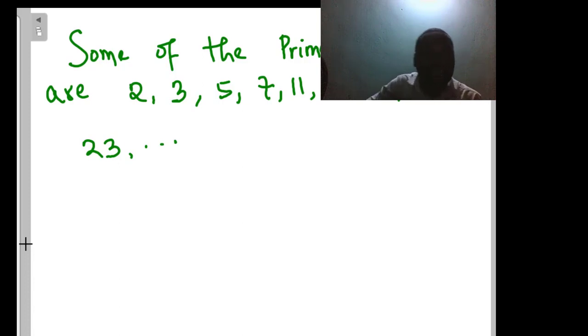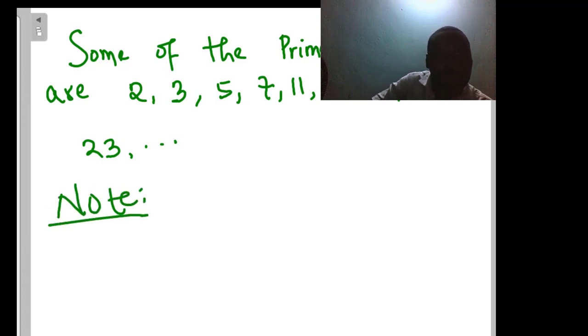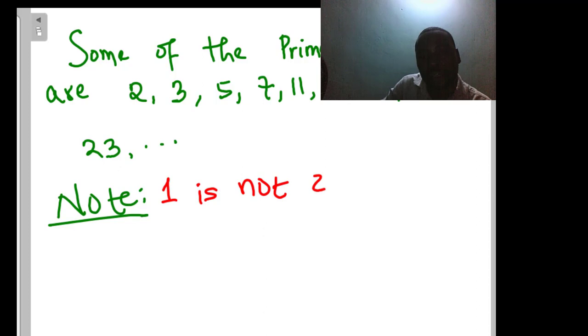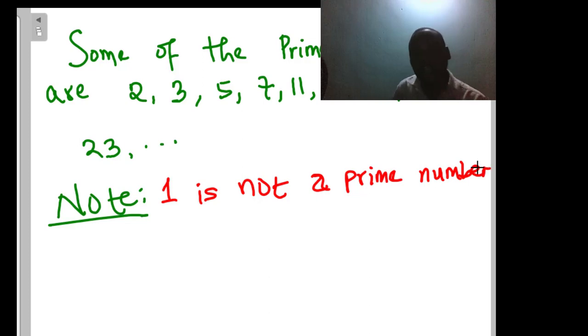Now, a very quick remark, things to take note of. One thing you must take note of about prime numbers is the fact that 1 is not a prime number. And there's a reason. We said that prime numbers have two factors.